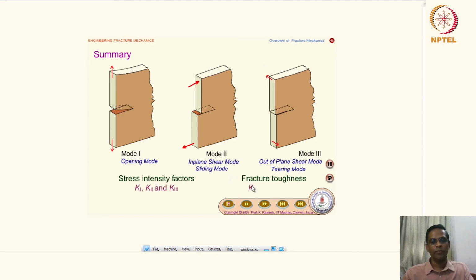You can see that. So like I mentioned, the stress analysis will arrive at different stress intensity factors for all these modes, and correspondingly in material science we will evaluate a parameter called fracture toughness, K1C, that is the critical stress intensity factor of mode 1, or mode 2 critical stress intensity factor, which is also called fracture toughness in material science.